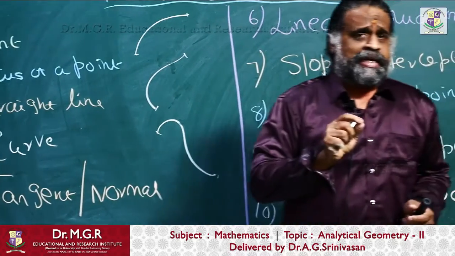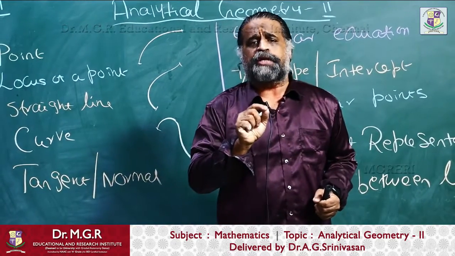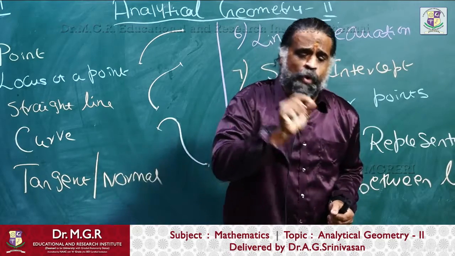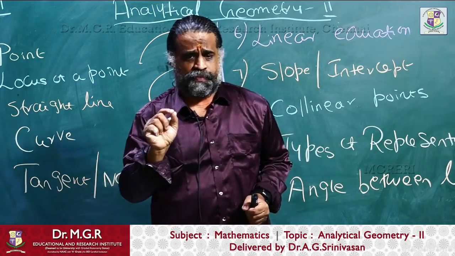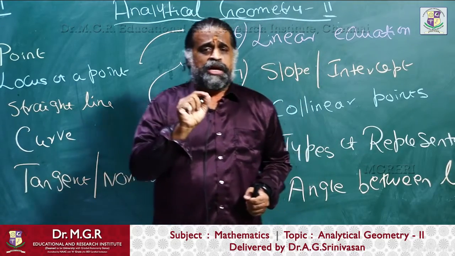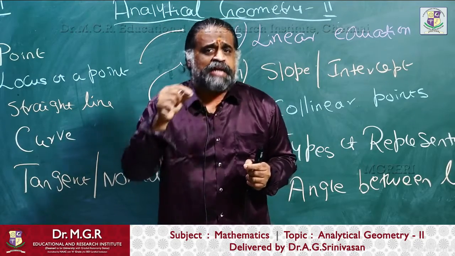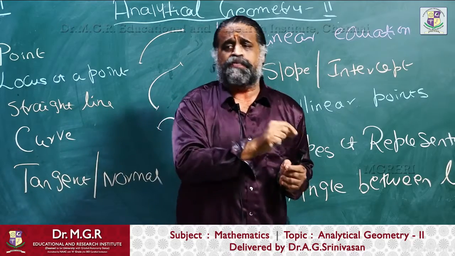Now, tangent and normal are two important nomenclatures needed both in geometry as well as in analytical geometry. What is a tangent? Suppose there is a curve and a straight line. We have defined what a straight line is and explained what a curve is.